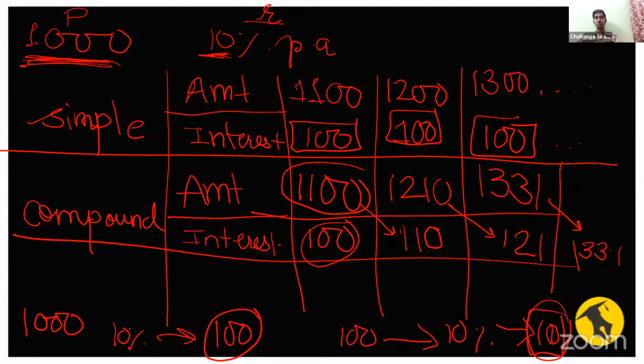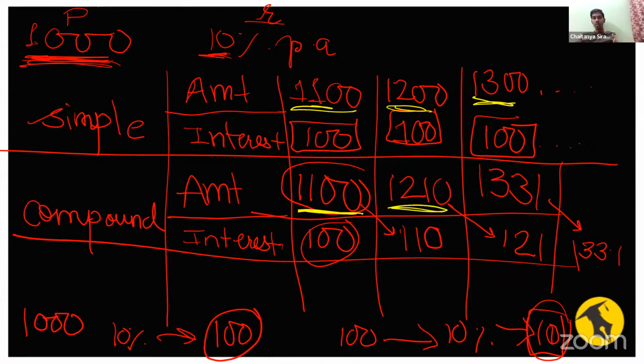So in simple interest, you get a fixed interest on whatever sum you initially invested. For compound interest, the interest keeps on increasing or let's say changing. It will be increasing definitely year by year. So if you do a comparison between simple interest and compound interest, it was 1100, 1200, 1300.